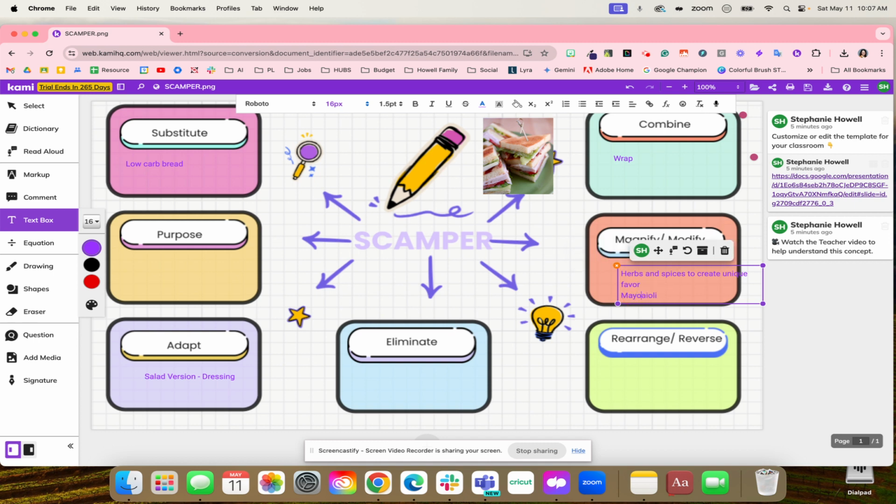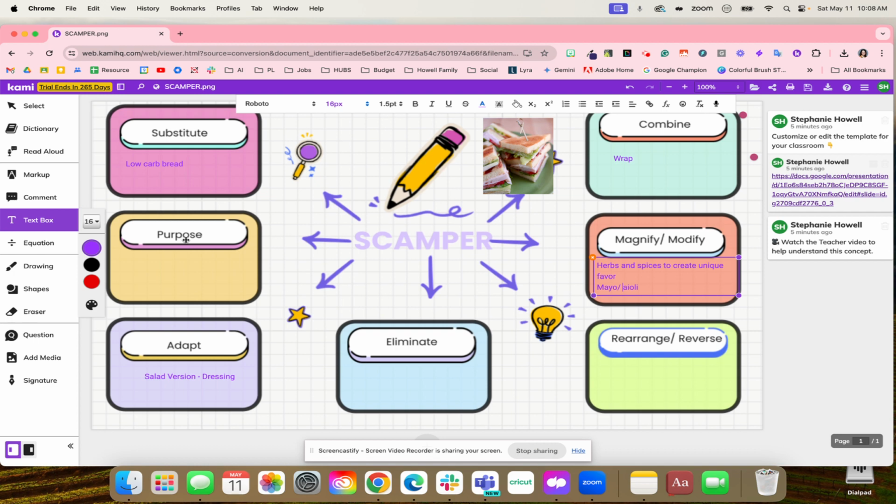So I'm able to think, how can I magnify or modify this? If I'm thinking back to the Oreo, there's the double stuff. They magnify that filling inside of the Oreo. Or you can do the thins where you get rid of some of it if you're not a huge fan of it. So you're having multiple different versions of a product by using the Scamper model.